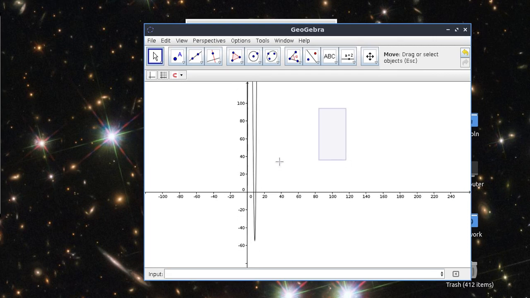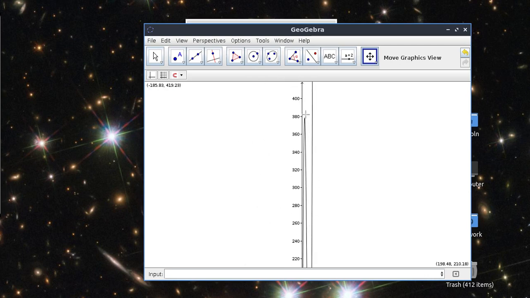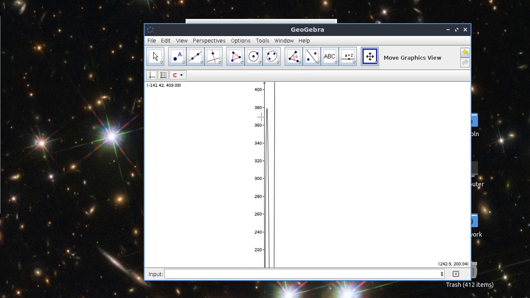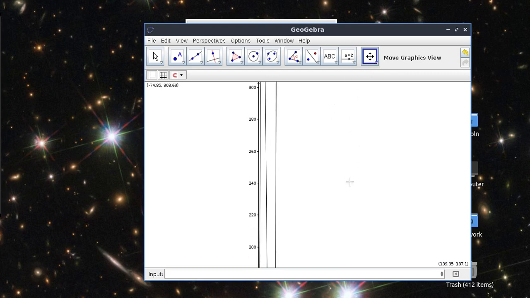So we see part of the graph already. We have a minimum point on the right, but we have a maximum point way up here, right? So it's from the left, it goes up, then down, then up again, right?